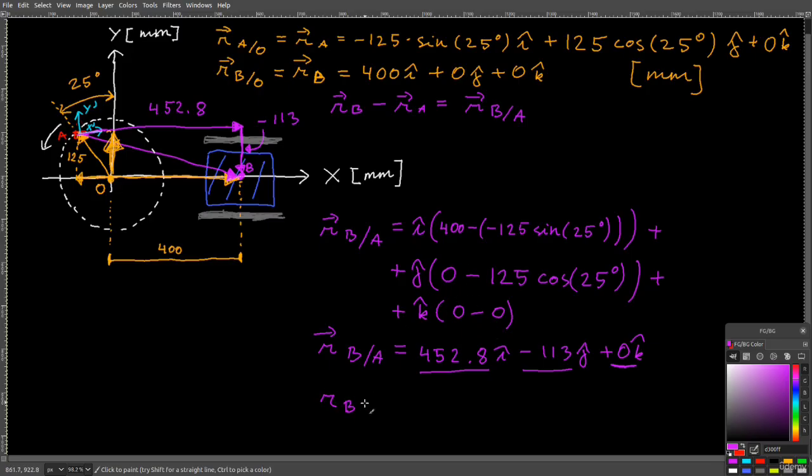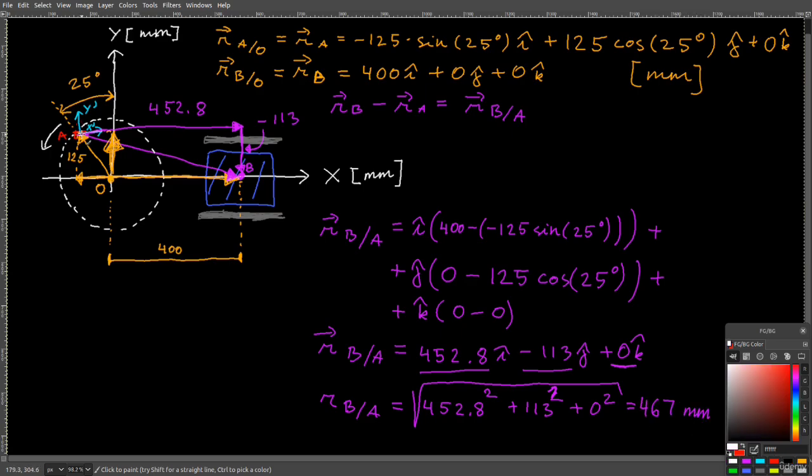And so the magnitude of this displacement vector is 452.8 squared plus 113 squared plus 0 squared, and you take the square root of it, and you will get 467 millimeters. And there you go.